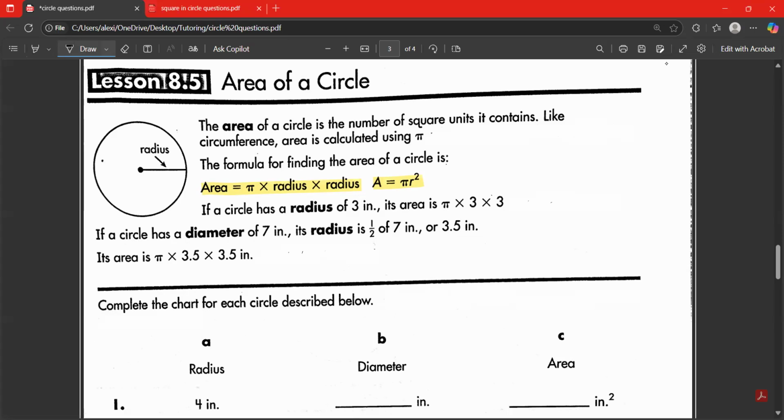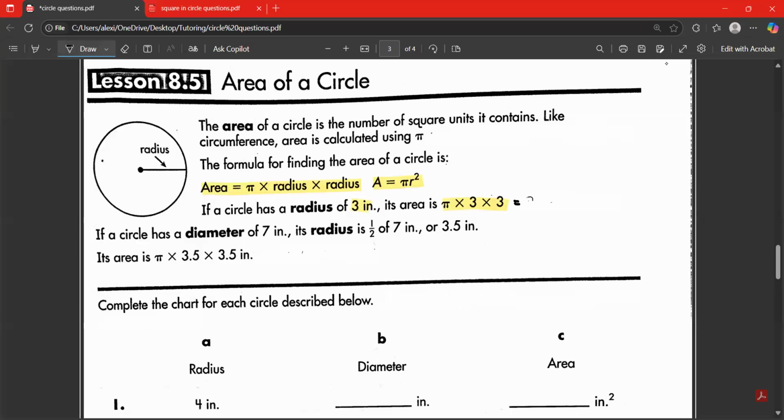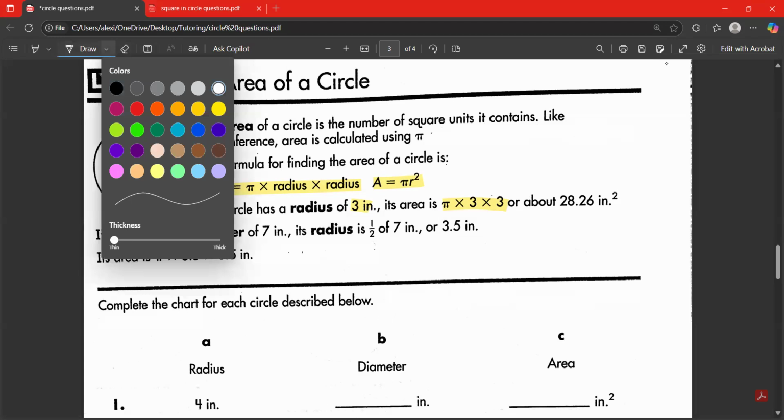For example, if a circle has a radius of 3 inches, its area is found by doing pi times 3 times 3, which is the same as saying 9 pi.